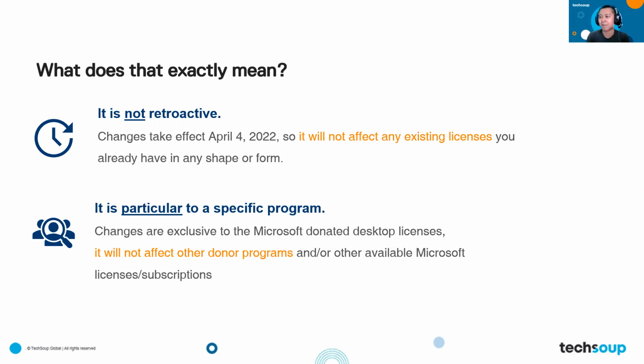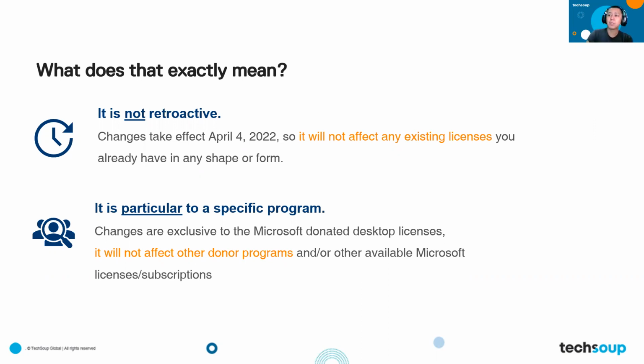I'll explain that further. But setting that aside, what I want to highlight here is that it is particular to that program. Other programs you're enjoying now with TechSoup, a good example is Google, Adobe, Zoom, and so on, are not affected. This is particularly about just one subset of a program that Microsoft offers through TechSoup.